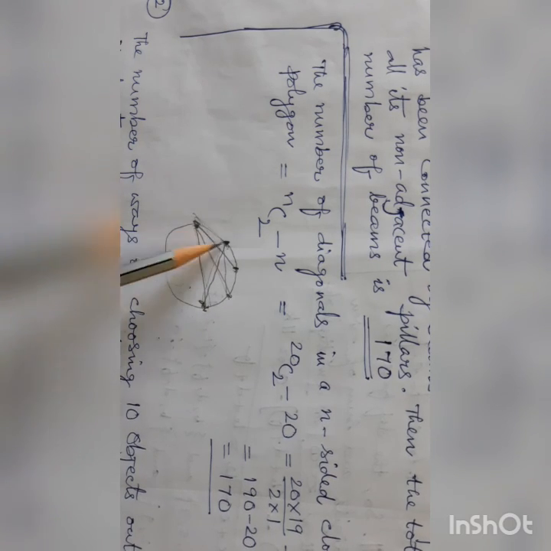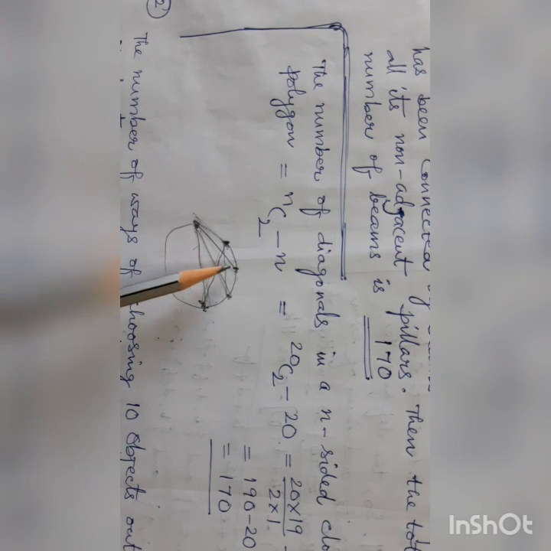Not like this; this will be the side of the polygon. So not like this. These are the beams arranged and connected to the non-adjacent pillars.